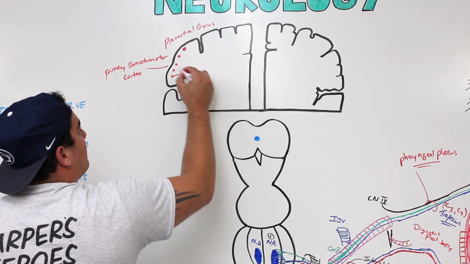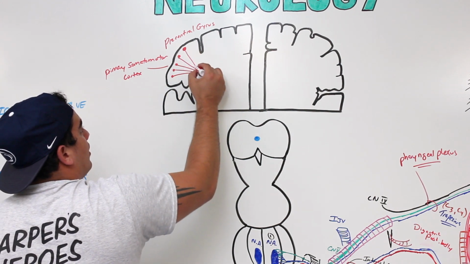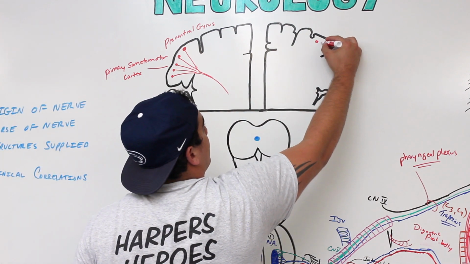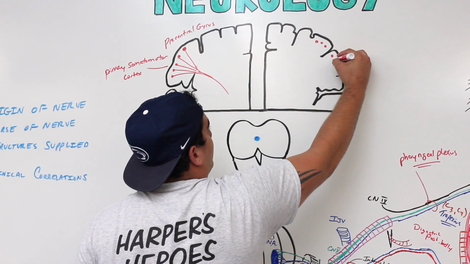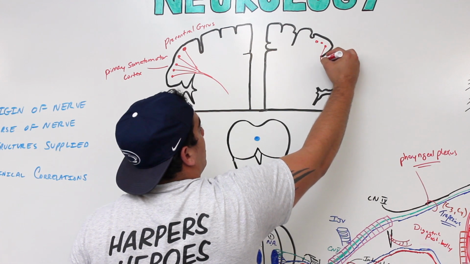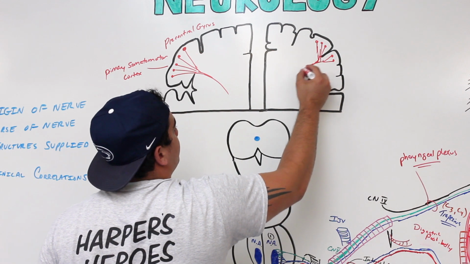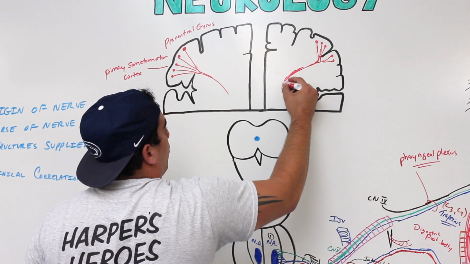What happens is these fibers come out and then move downwards. Same thing over here, on the other side too. So here I have some part of the precentral gyrus from the primary somatomotor cortex. Remember, not somatosensory, somatomotor. And these will move downwards.